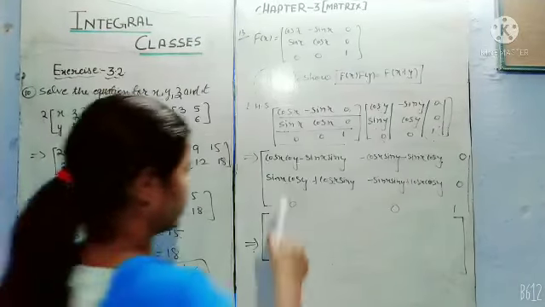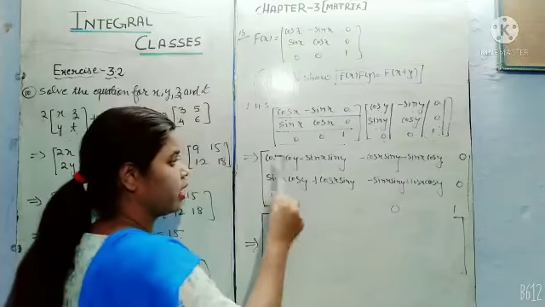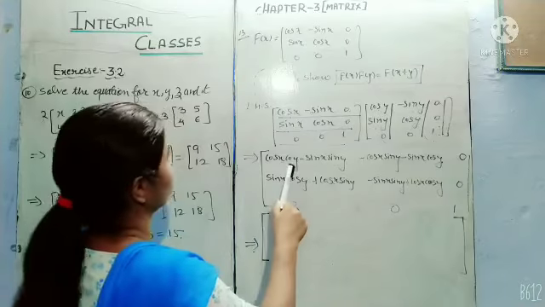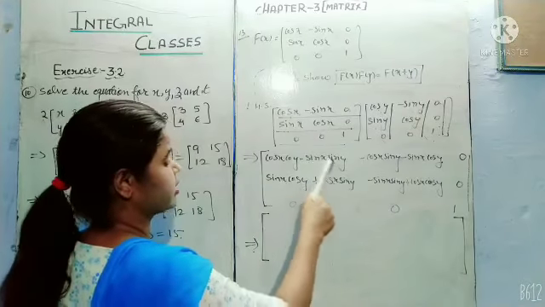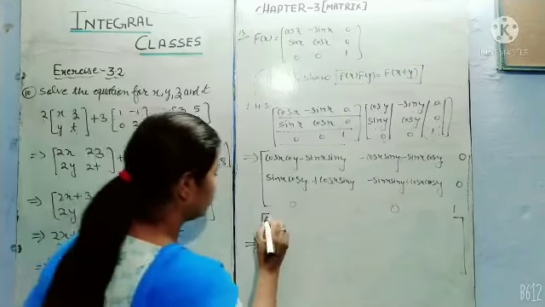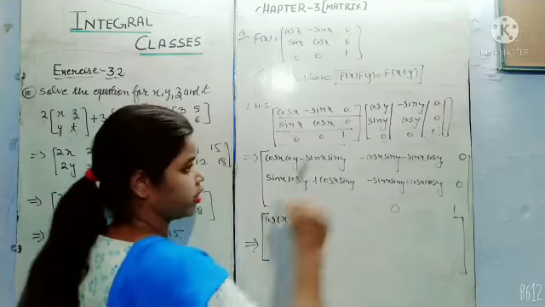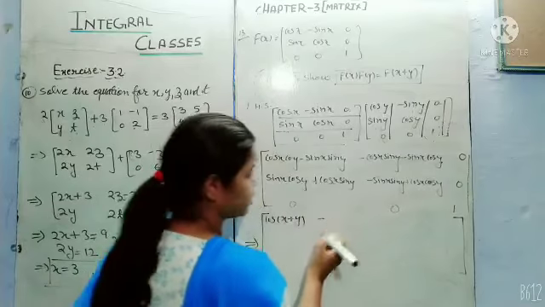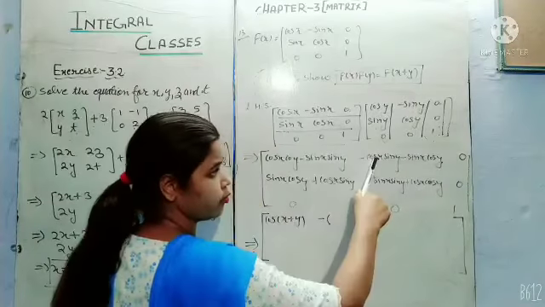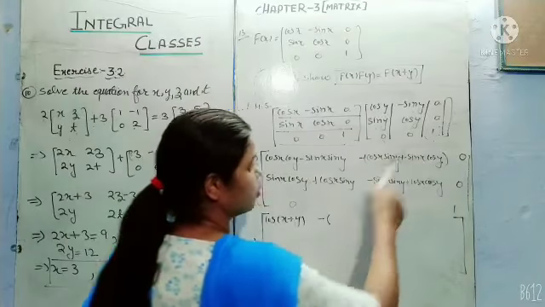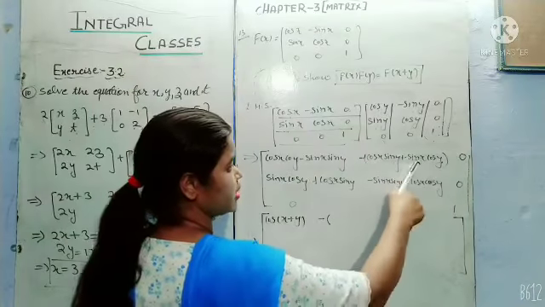Now student, as we observe, we will apply the trigonometry formula: cos A cos B minus sin A sin B. So it will become cos(x plus y). Now if we take the minus sign common, and here is plus, so cos x sin y plus sin x cos y.